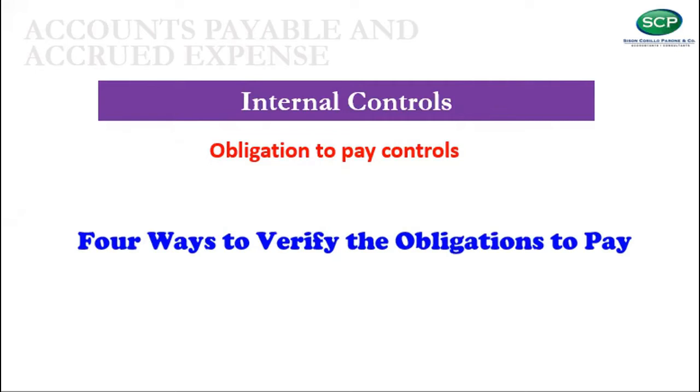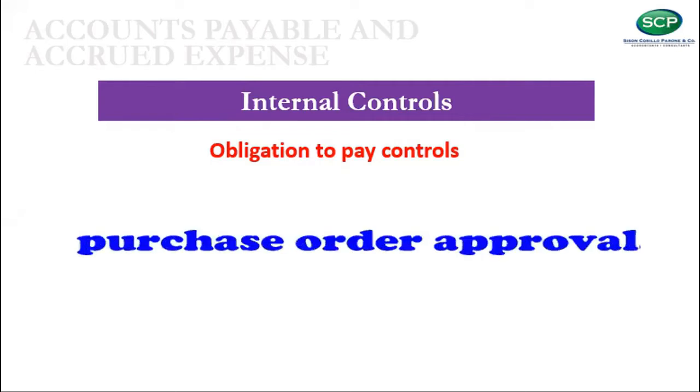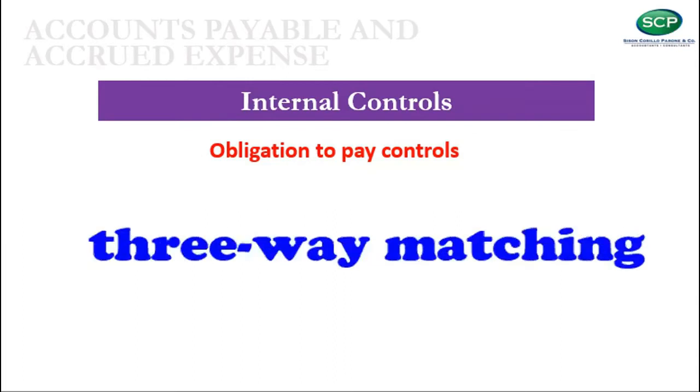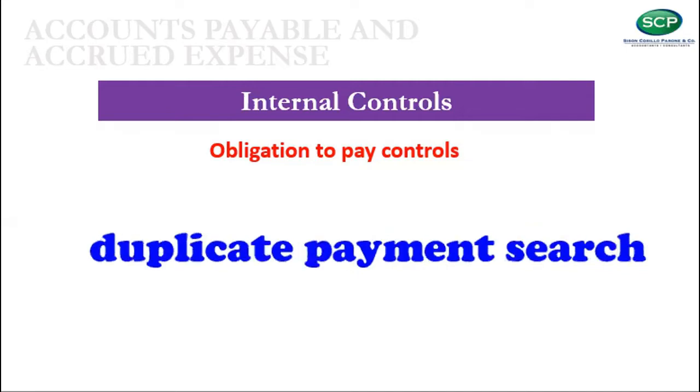In this regard, there are typically four ways to verify the obligations to pay. These four ways are: 1, purchase order approval; 2, invoice approval; 3, three-way matching, and the fourth way to verify the obligation to pay is duplicate payment search.